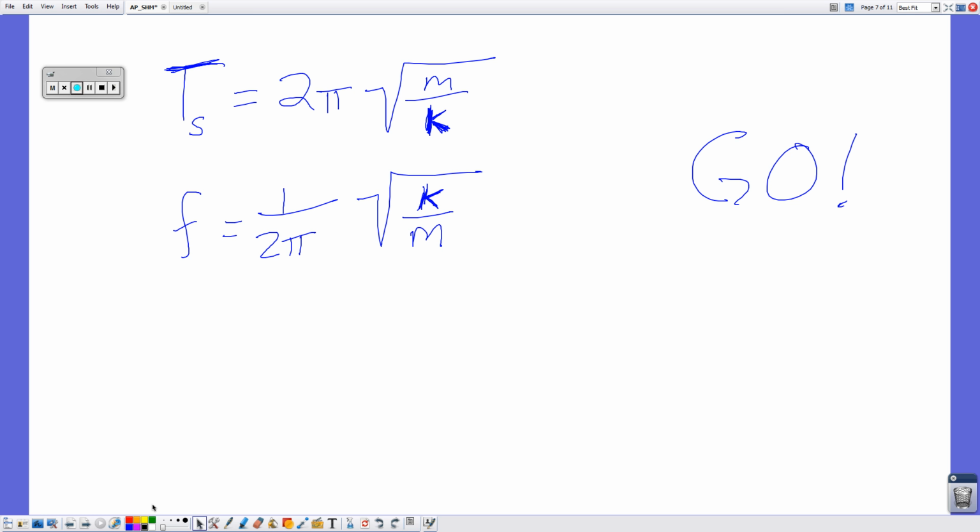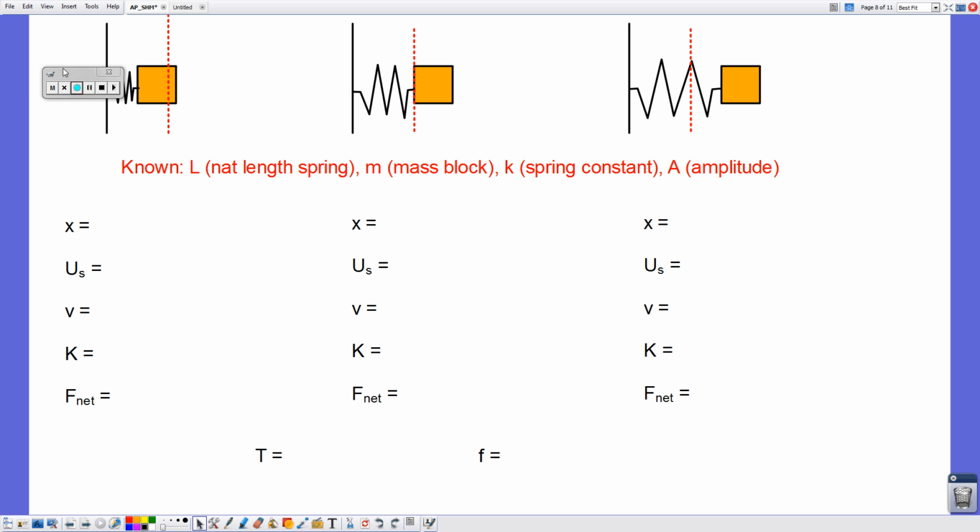If I have a spring and I pull it a foot, it'll have a period and a frequency. If I take that same spring and pull it a mile long and let it go, it will have the same period and the same frequency as before, which means it's moving much, much faster.